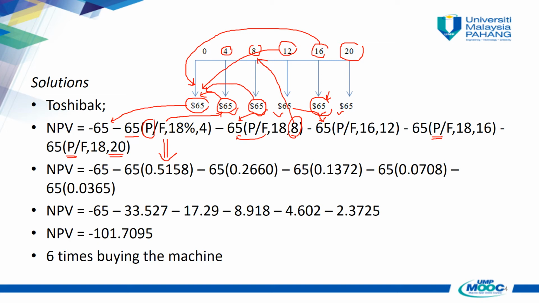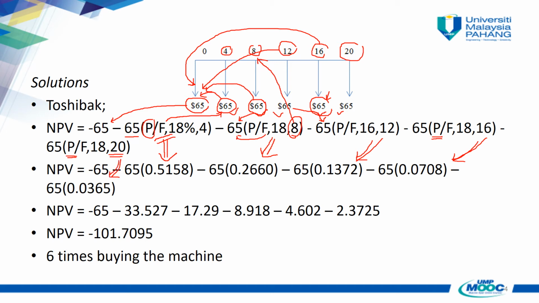So once we got this equation, we refer to our compound interest table. We will see those values from the column of finding P when you know the F at year 4. And then finding P when you know F at the column there at year 8, year 12, year 16, and again here at year 20.